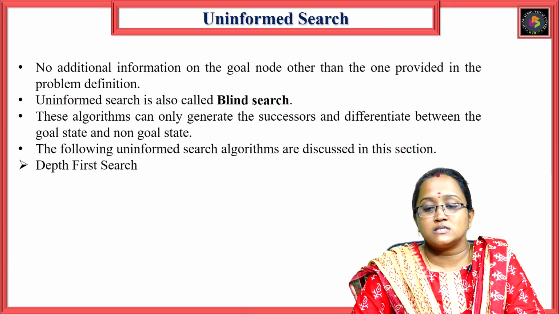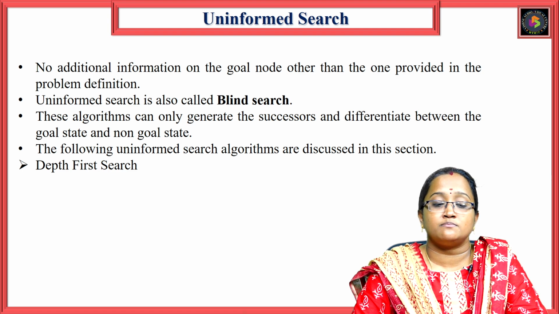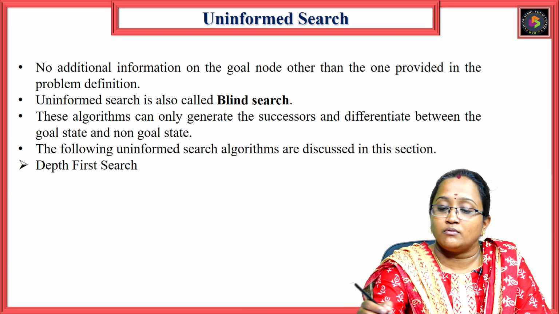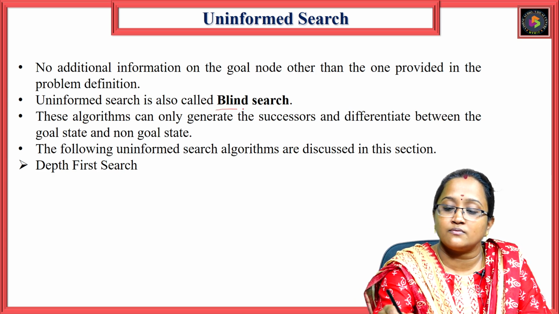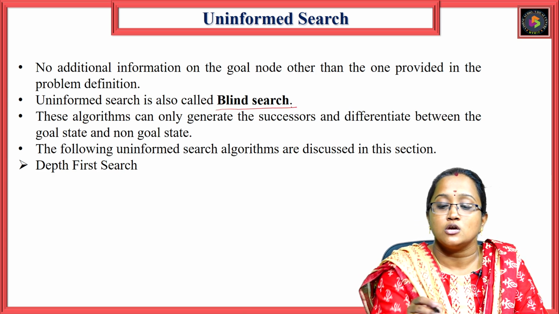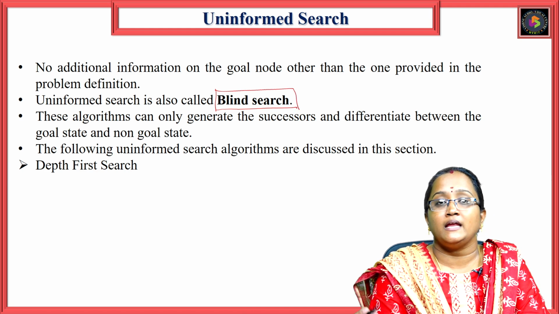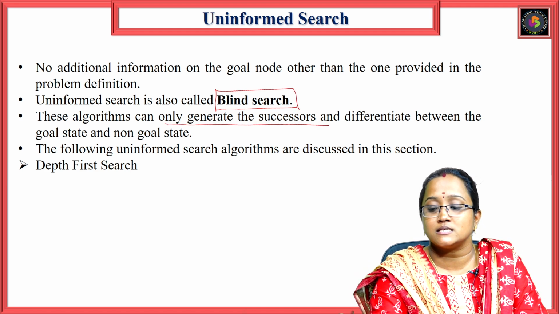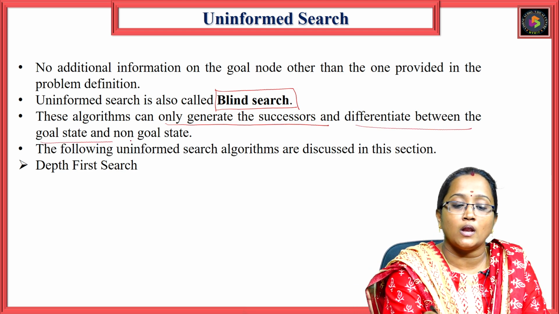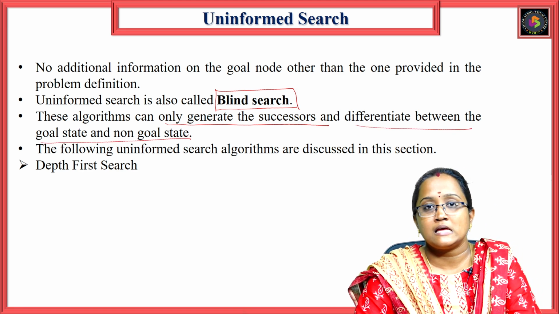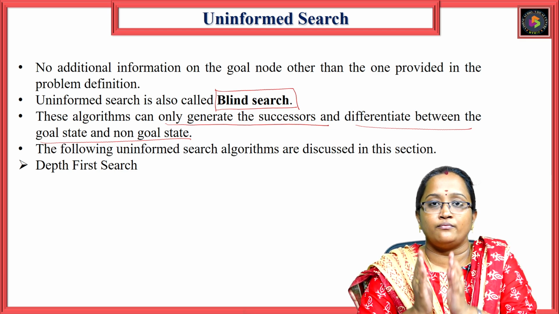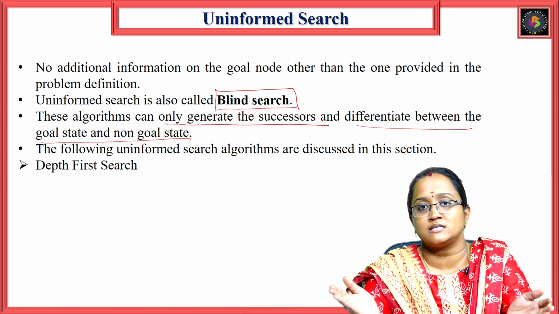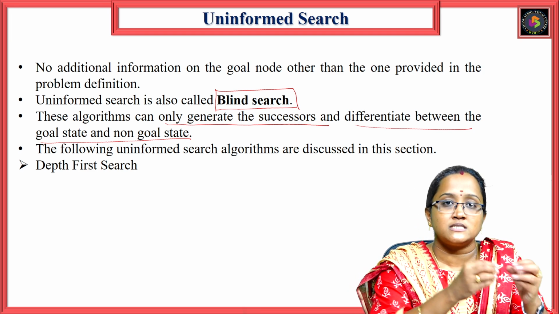So, uninformed search. By the name itself we can say it does not have any other information. Because of that we say this is a blind search. Blind means there will be no information. The algorithm only generates the successors and differentiates between the goal and non-goal state. As I told previously, it will find the neighbor successors, that is, neighbor nodes or neighbor states.